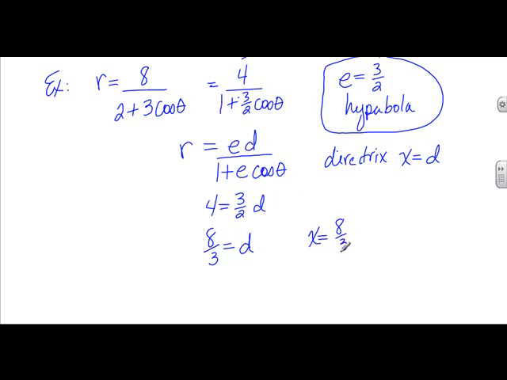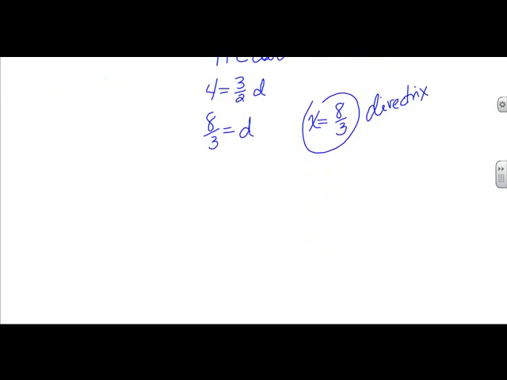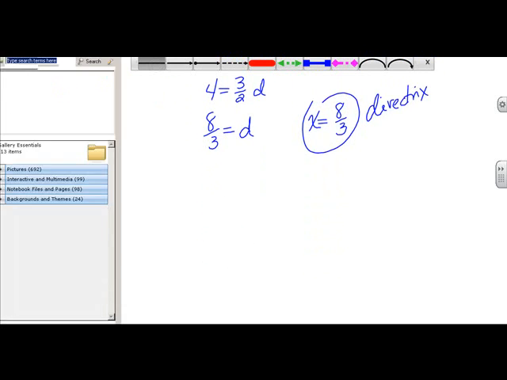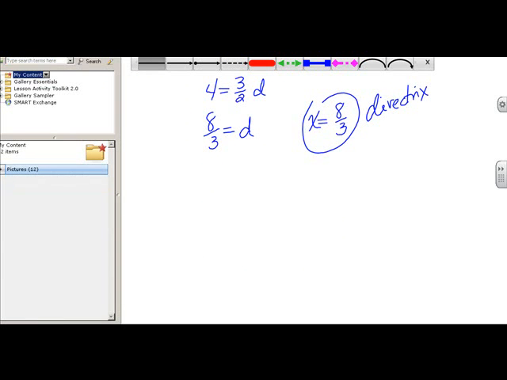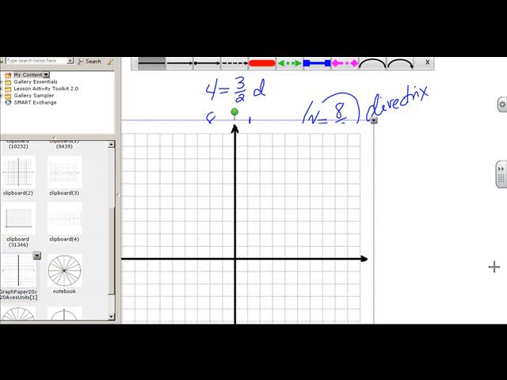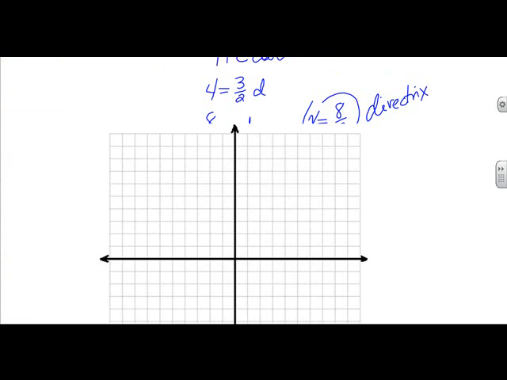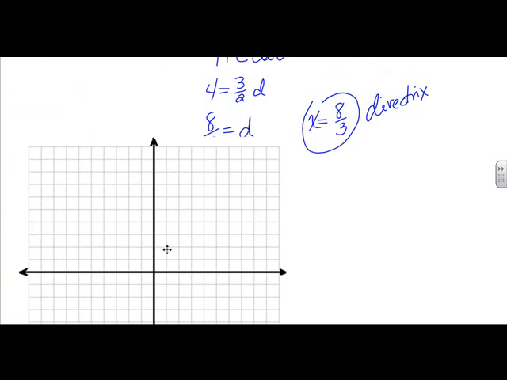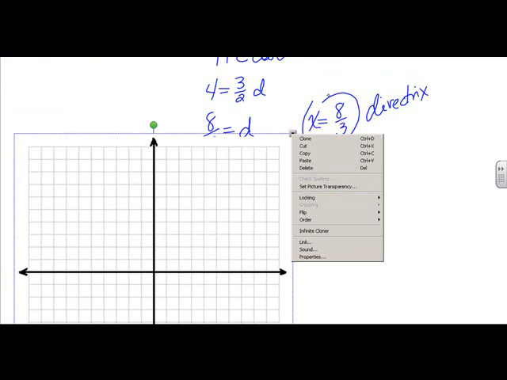Alright, so let's start organizing what we know. This is going to get kind of messy, so I'm going to snag one of my grids and make it as neat as I possibly can. Okay, so I have a directrix at x equal 8/3, which is 2 1/3.